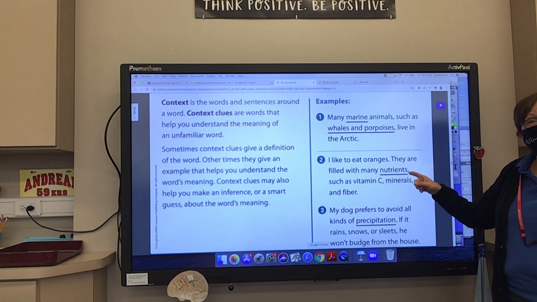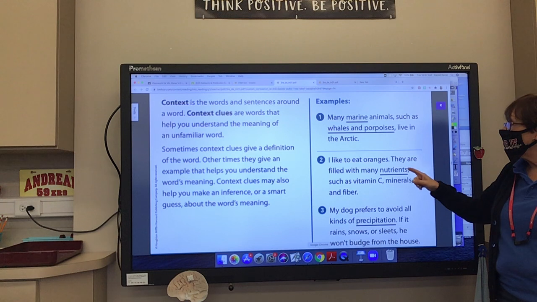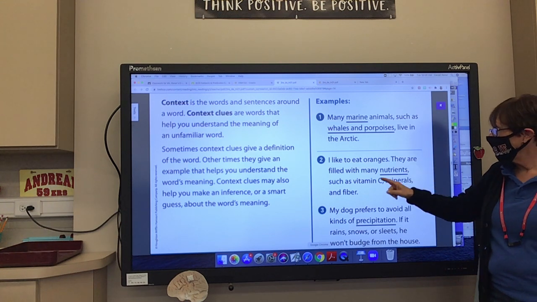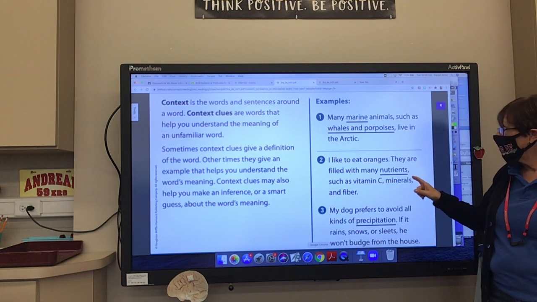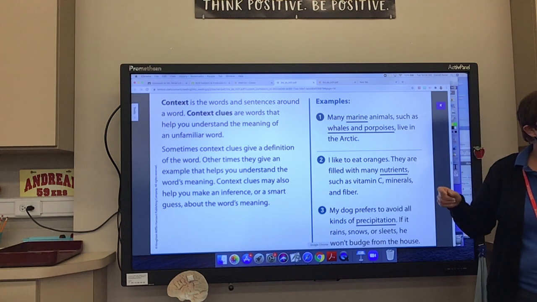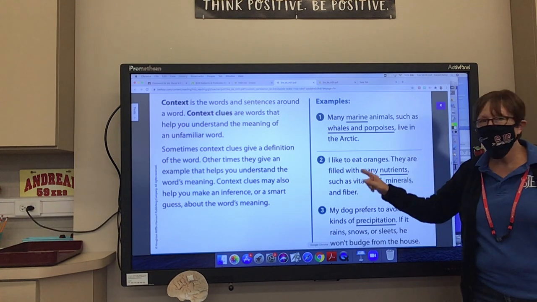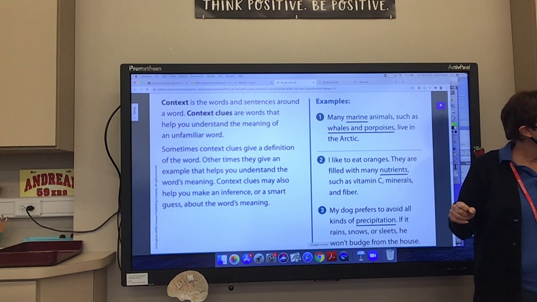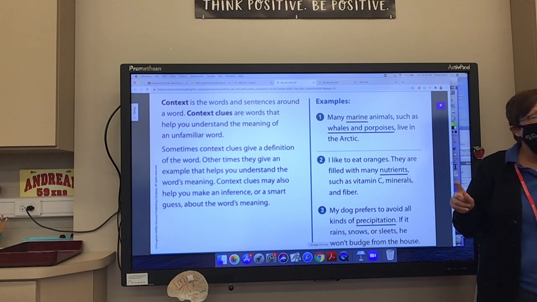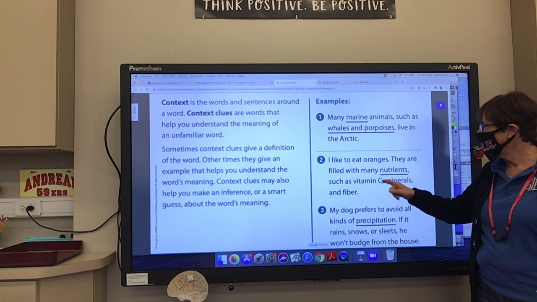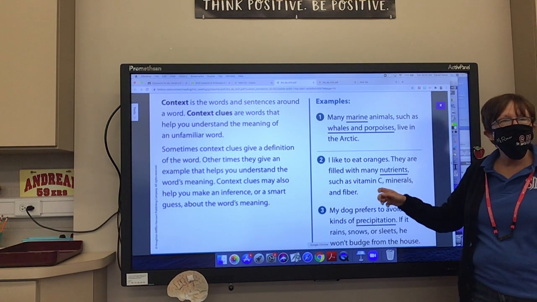I like to eat oranges. They are filled with many nutrients, such as vitamin C, minerals, and fiber. Okay, nutrients. I don't know what nutrients are. But then I see the words such as. So now I'm getting some examples of what nutrients are. They're things such as vitamin C, minerals, and fiber.